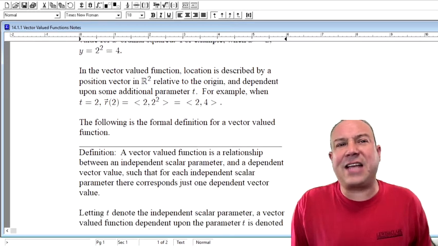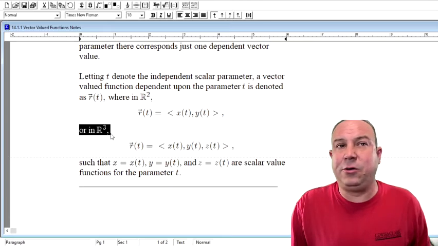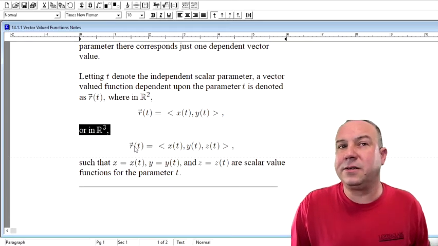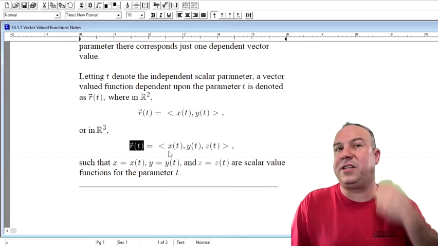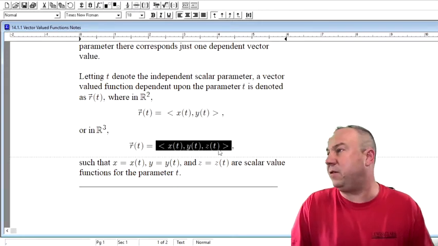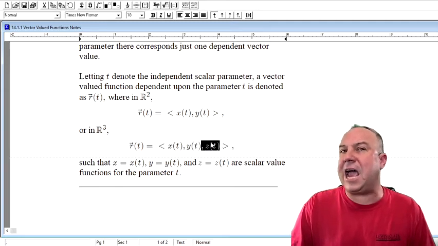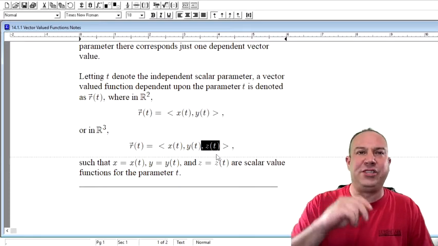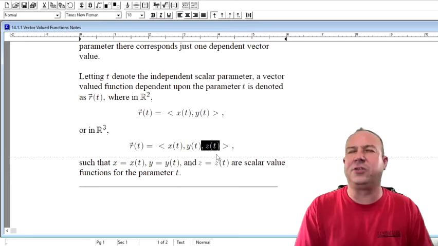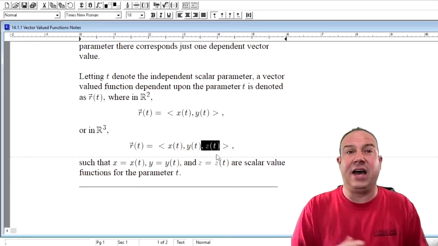Right? And this idea, in general, does expand into three-dimensional space, where r bar of t could be thought of as the three-dimensional vector valued function x of t, comma y of t, comma z of t, where we add in this third component describing position in the three-dimensional space relative to the origin in the direction of what?